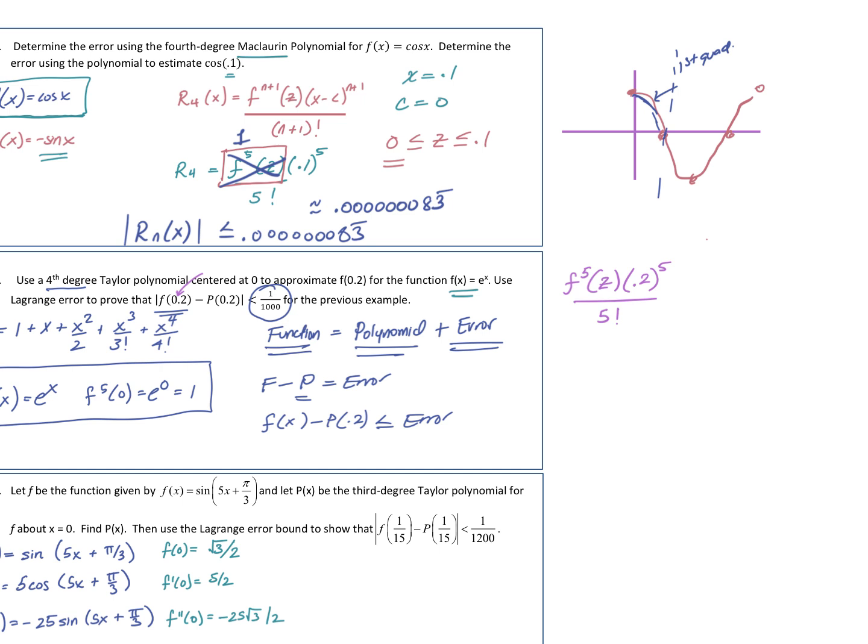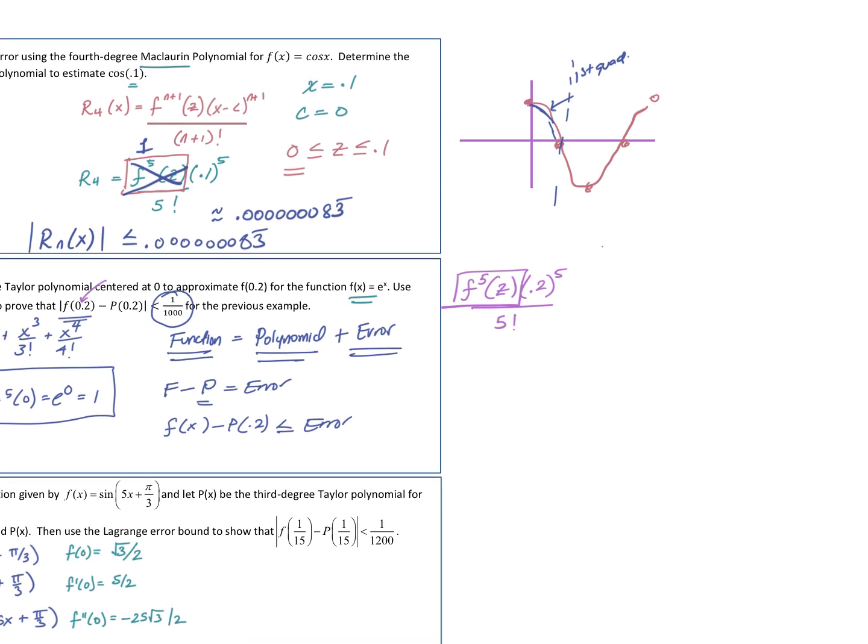And again, we just need to come up with this z value. A lot of times on the AP exam, they will give you that value, so you don't have to do anything. Sometimes they'll say the max value of f5 is less than or equal to 24 or whatever. They'll explicitly give it to you.